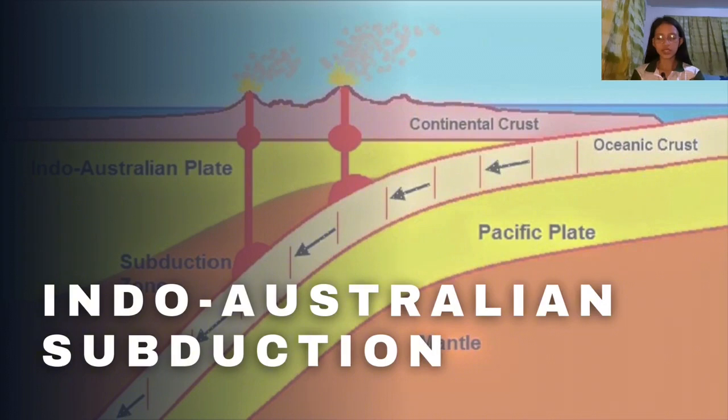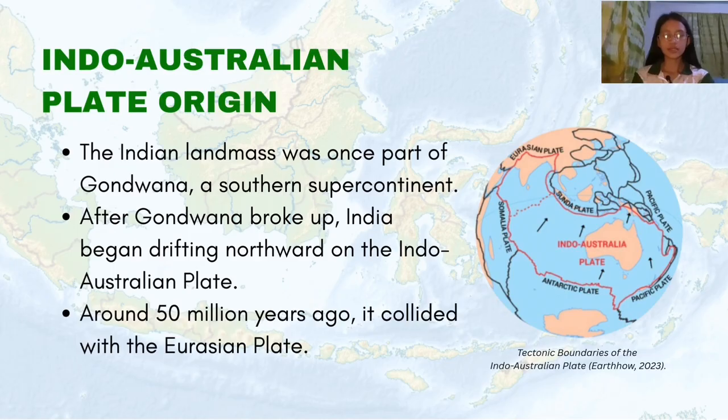From its origins as part of the ancient supercontinent Gondwana to its ongoing collision with the Eurasian plate, the Indo-Australian plate has played a major role in forming mountains, building islands, and triggering some of the world's most powerful earthquakes and volcanic eruptions. This tectonic journey explains why Indonesia is both breathtakingly beautiful and dangerously active. So let's first discuss the Indo-Australian plate origin.